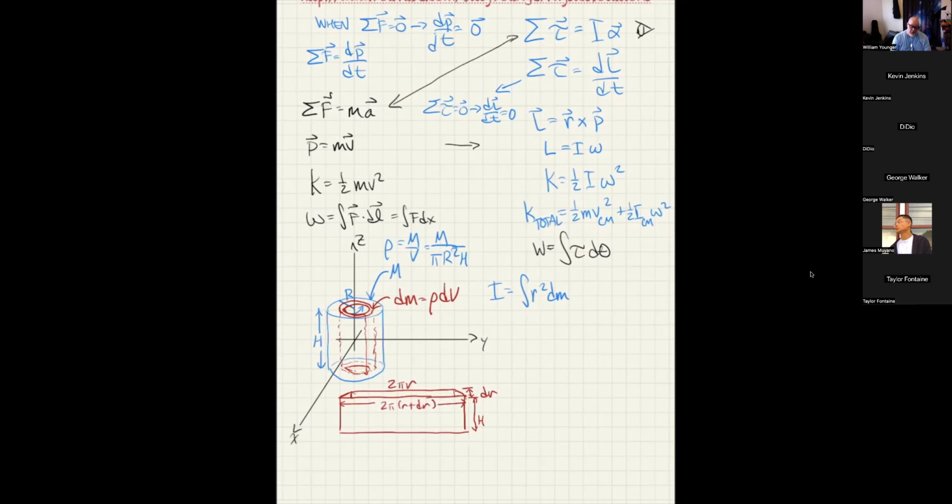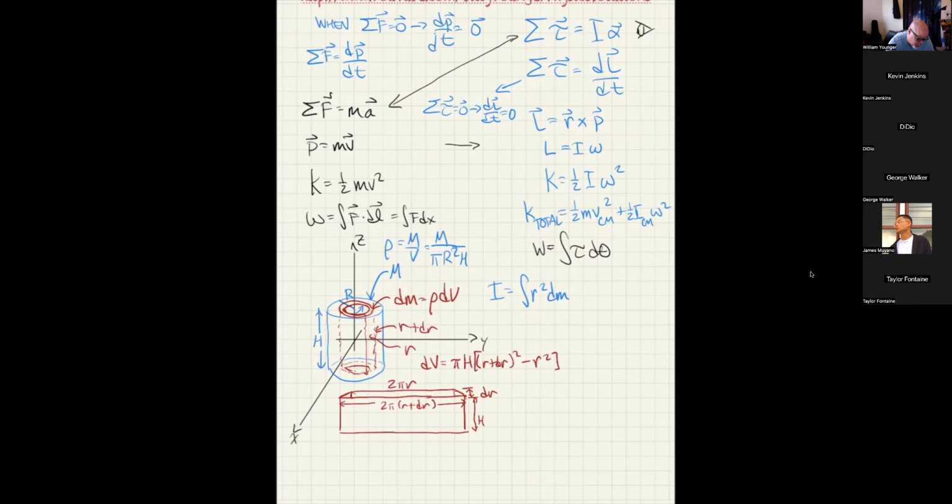So you could do the calculation and figure out exactly what that volume is by taking a cylinder of radius r plus dr and subtracting from it a cylinder of radius r. So dv is technically equal to pi times h times r plus dr squared minus r squared.